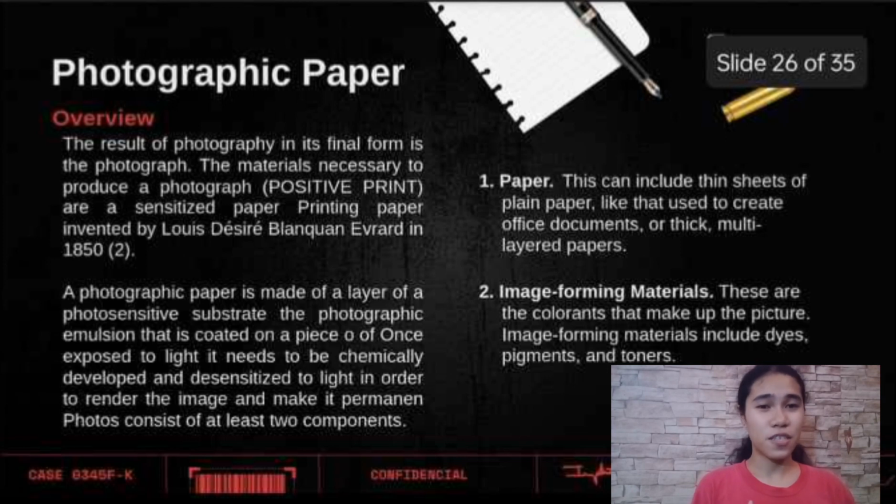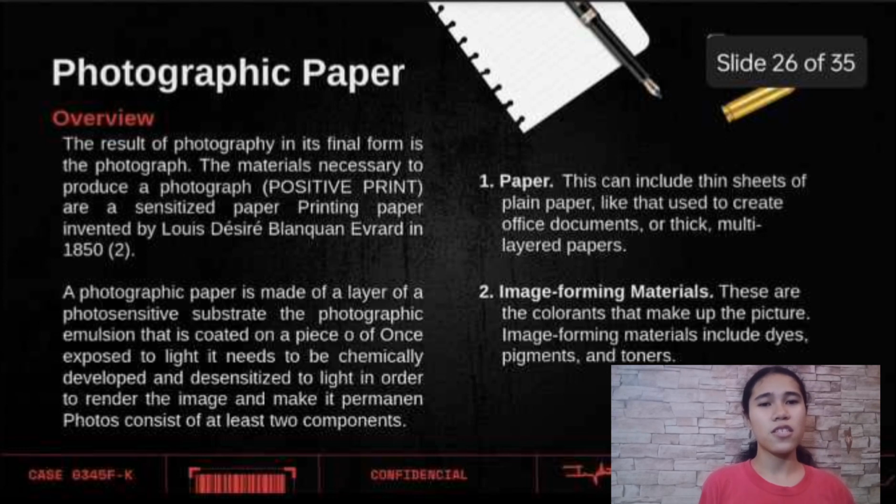Photographic paper is made of a layer of a sensitive substrate, the photographic emulsion, that is coated on a piece of paper. Once exposed to light, it needs to be chemically developed and desensitized to light in order to render the image and make it permanent. So photos consist of at least two components, which are the paper and the image.